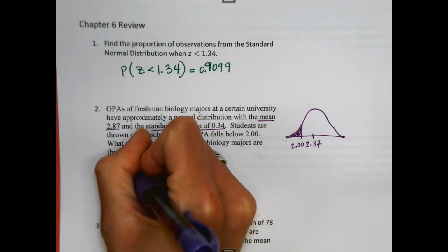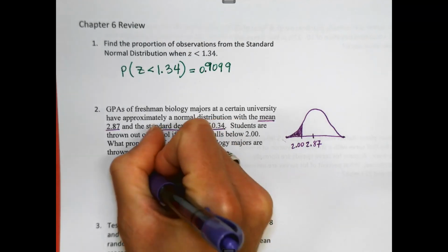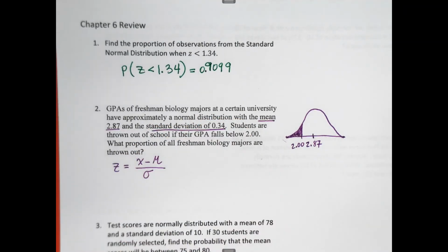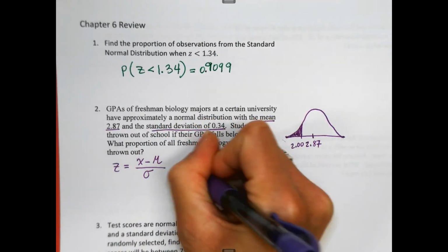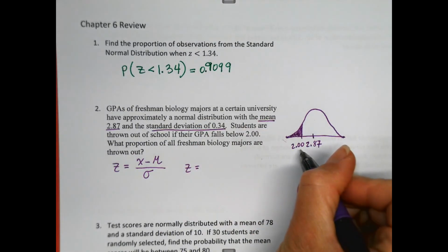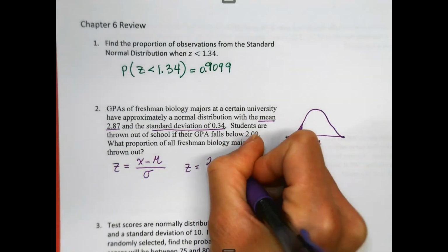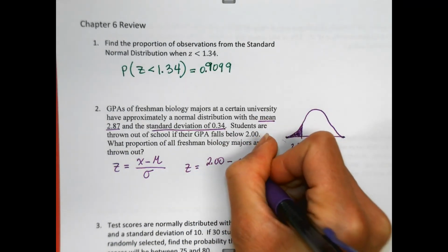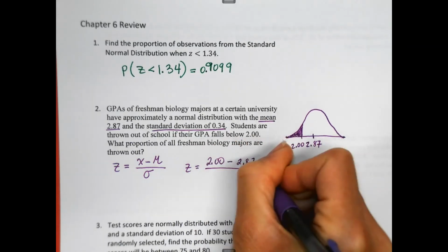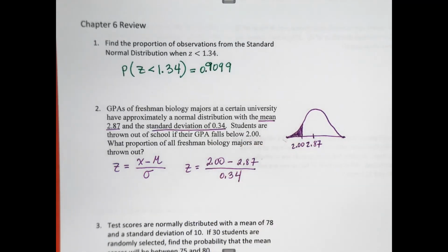Remember, our z-score formula is x minus our population mean divided by our population standard deviation. In this problem, our x is the value we want to find below, so 2.00, minus our mean of 2.87, divided by our standard deviation of 0.34.